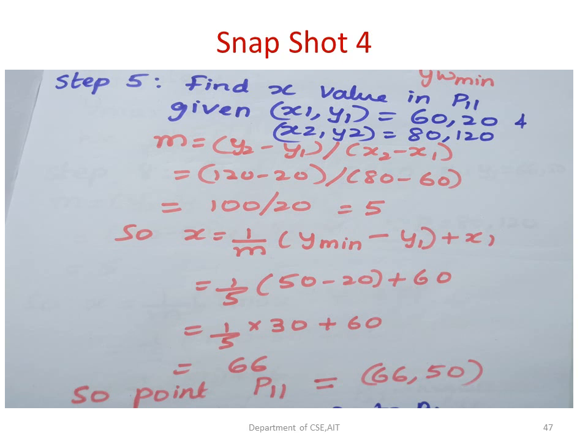In the formula we need m, so first compute the slope. You get the slope value as 5, and then this 5 is substituted in the equation, and you will see that the x value for P11 is 66. That means P11 cuts the clipping window at x equal to 66 and y equal to 50.